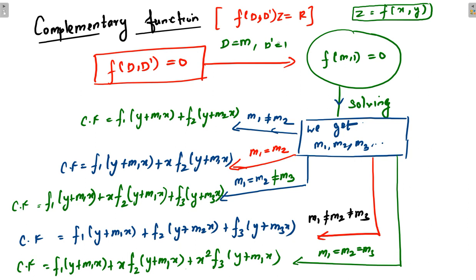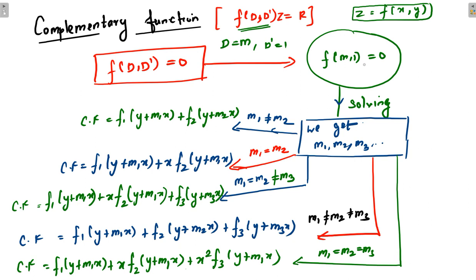First I am going to use f of D comma D dash. In that function I am going to apply D equal to m and D dash equal to 1. From that you may get a polynomial, that means an equation in powers of m. So f of m comma 1 is equal to 0, and you get an equation in terms of m.